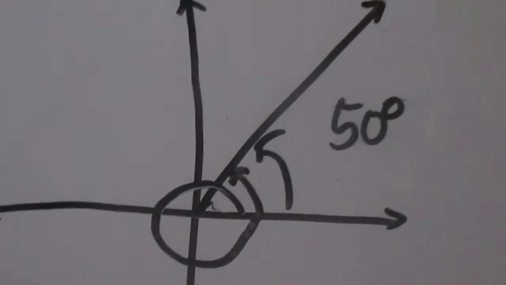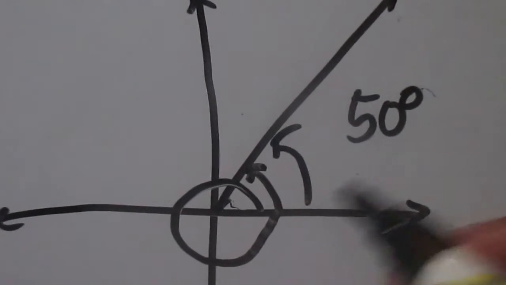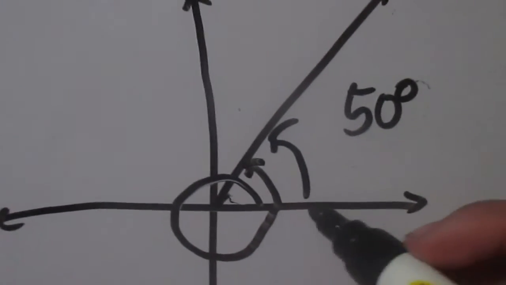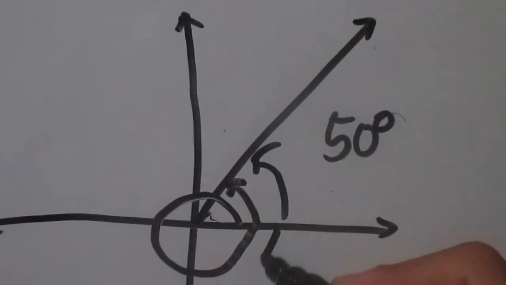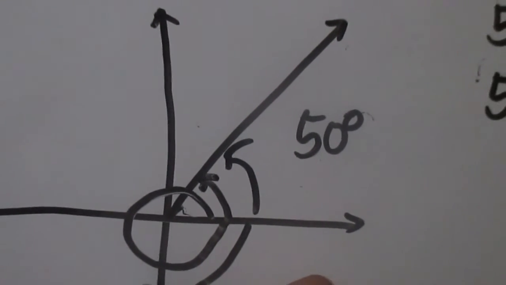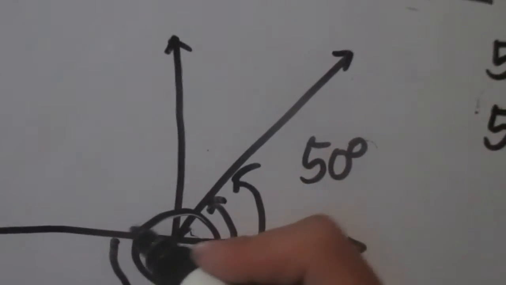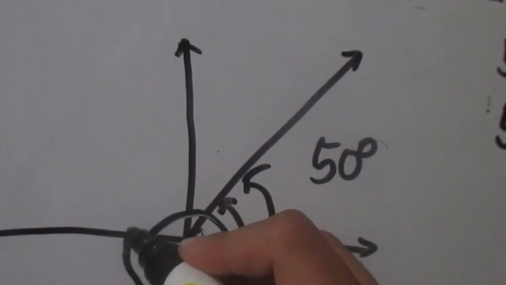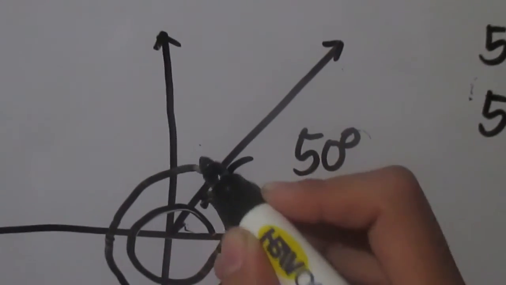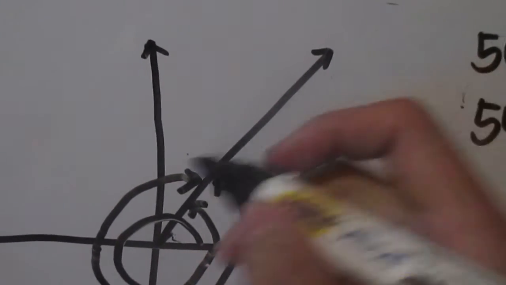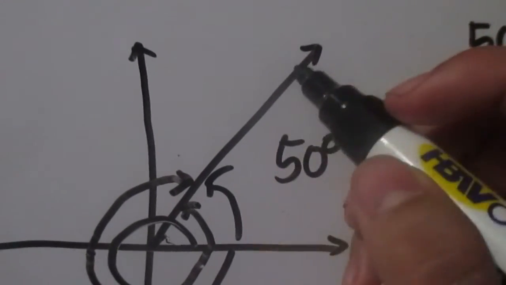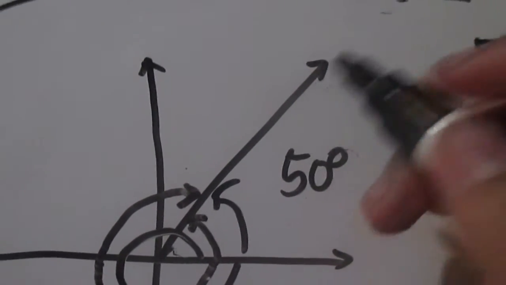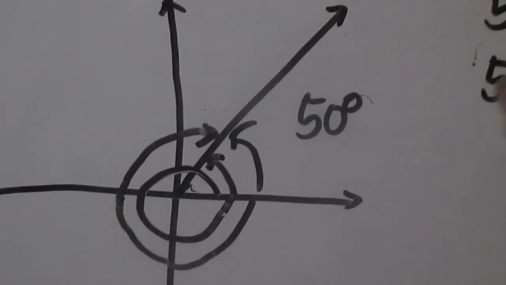Since it is a negative angle, the direction is clockwise. So we have negative 180 and negative 310 degrees.